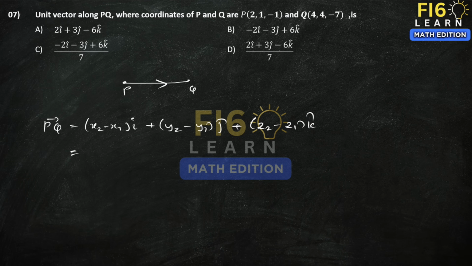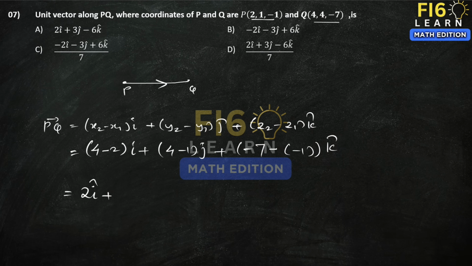The x1, y1, z1 values should be taken from the initial point, and the x2, y2, z2 from the terminal point. So I'm using 4 minus 2 i cap, 4 minus 1 j cap, and the z value is minus 7 minus of minus 1 k cap. 4 minus 2 is 2 i cap plus 3 j cap, and the last term is minus 7 plus 1, which is minus 6 k cap.